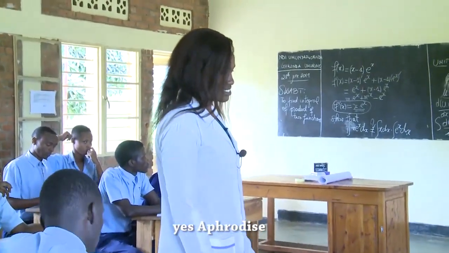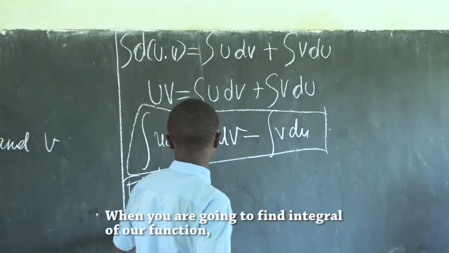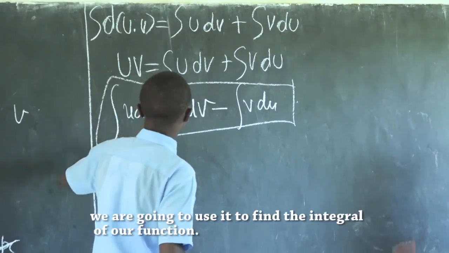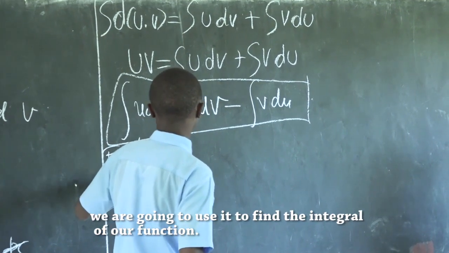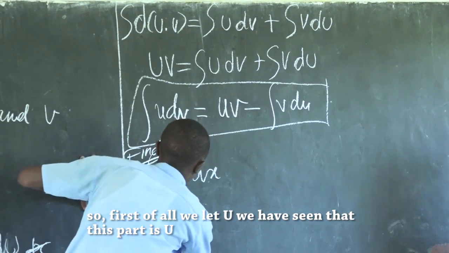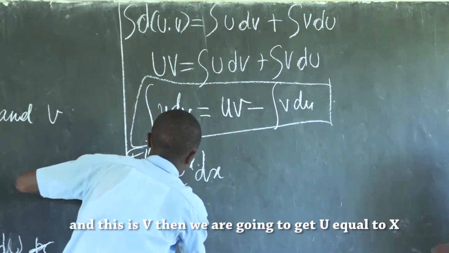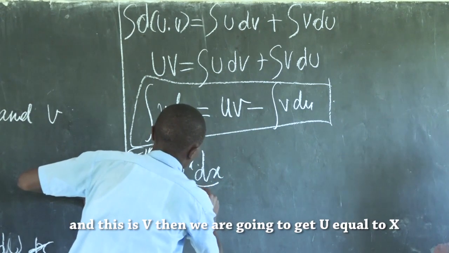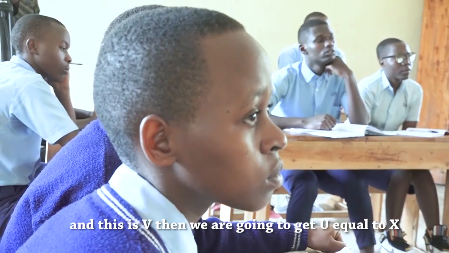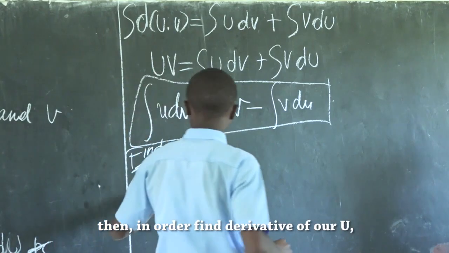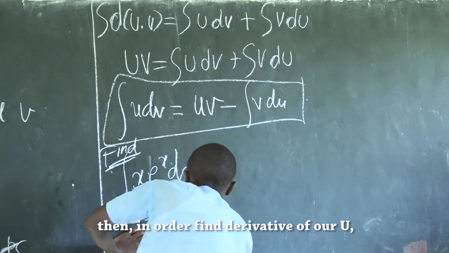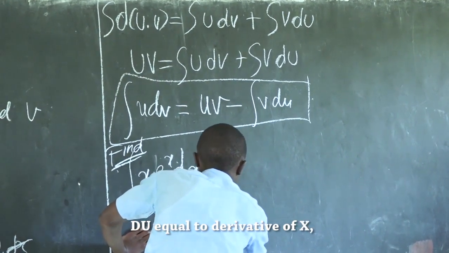When we are going to find the integral for our function, first of all, we have seen this formula, and we are going to use it. So first of all, we let u equal to x. Then, in order to find the derivative of our u, we let du equal to the derivative of x.